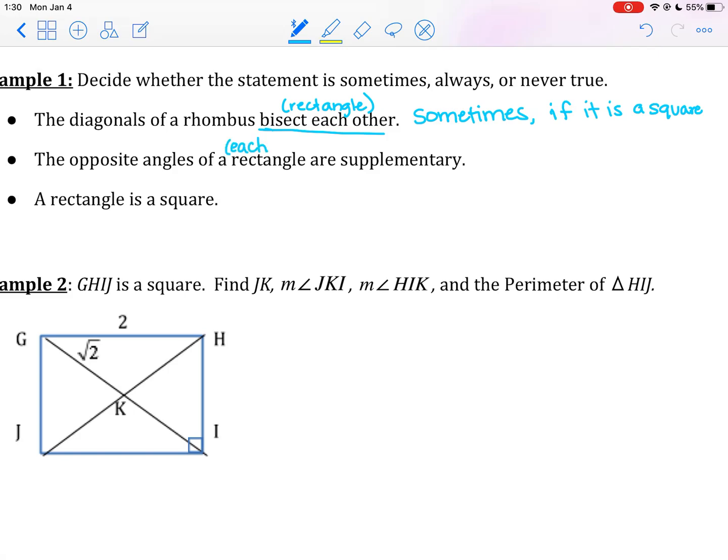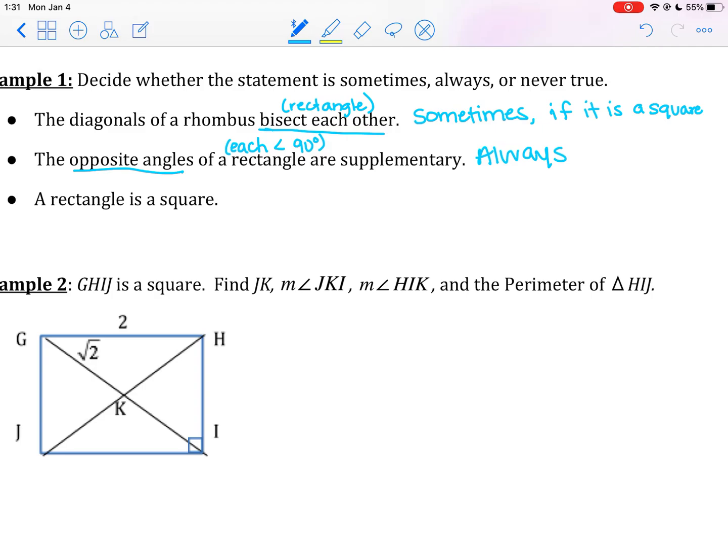If you think about the opposite angles, we want to know if they're supplementary. If each angle is 90 degrees, then two of those angles is going to be 180 degrees, which means they're supplementary, and that is always going to be true. The angles of a rectangle are always 90 degrees, so if you add two of them together, they're always going to be supplementary.